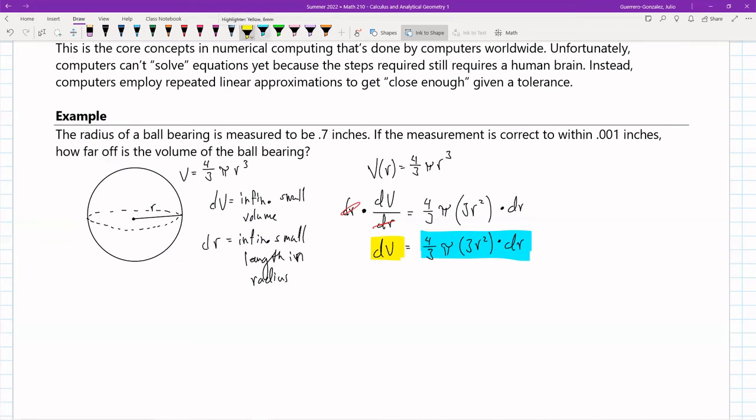We know that our radius is 0.7 inches, and our dr, the amount we are off, is the 0.001. So dV is 4/3 pi times 3 times 0.7 squared, times dr, the amount we are off, 0.001.